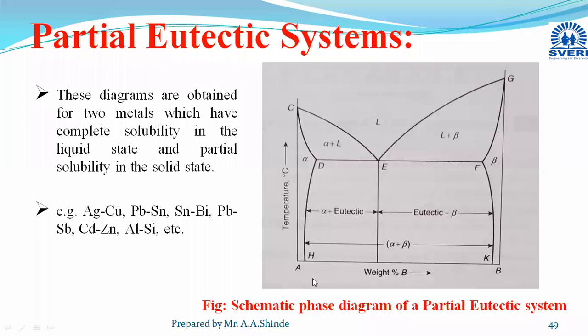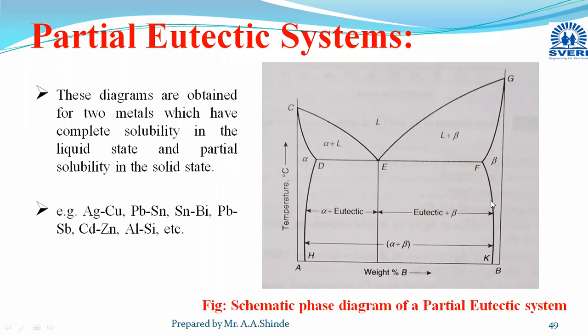Why are these termed as solvus lines? Now, what do the lines HD and KF indicate? This line HD indicates the solubility of element B in A, and that's why it is termed as solvus line HD.